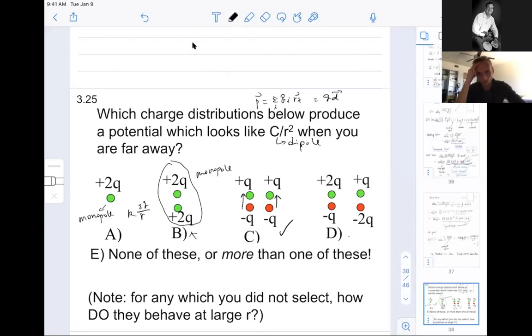For D, let's look at the overall charge: positive 2Q, negative 2Q, positive Q, negative Q. So this is indeed a dipole because the total net Q is 0. You're not going to get a monopole term from far away, and you will have a dipole term. But let's look at which way this dipole moment will be pointing. So how do we form dipoles here?